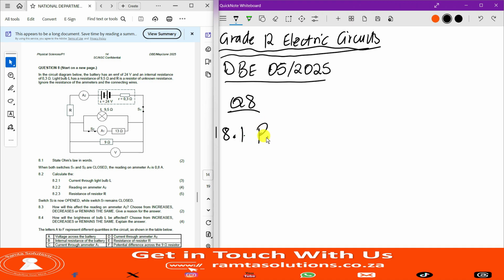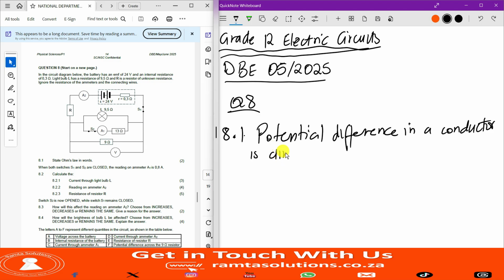Potential difference in a conductor is directly proportional to the current in the conductor, provided temperature remains constant, or at constant temperature. It depends, it's up to you what you want to say.